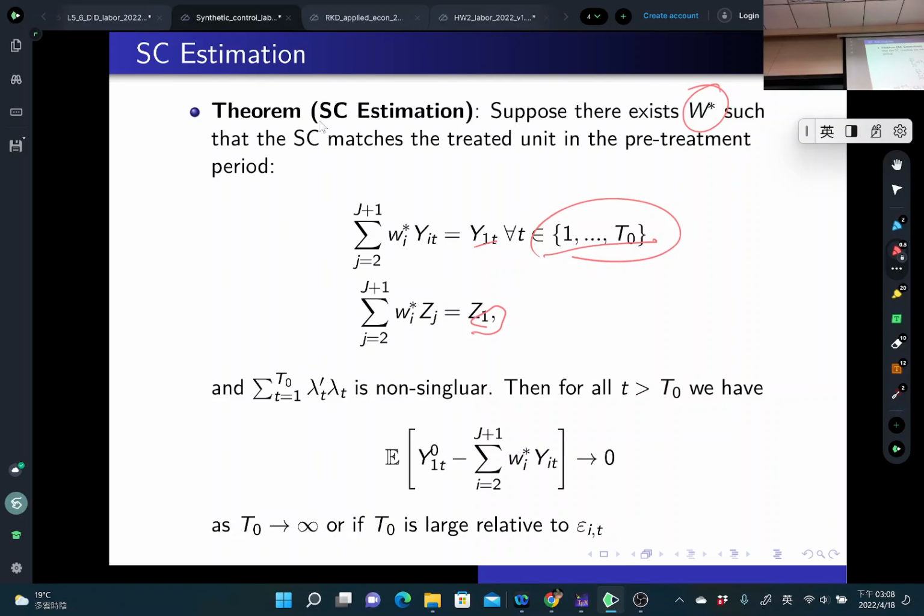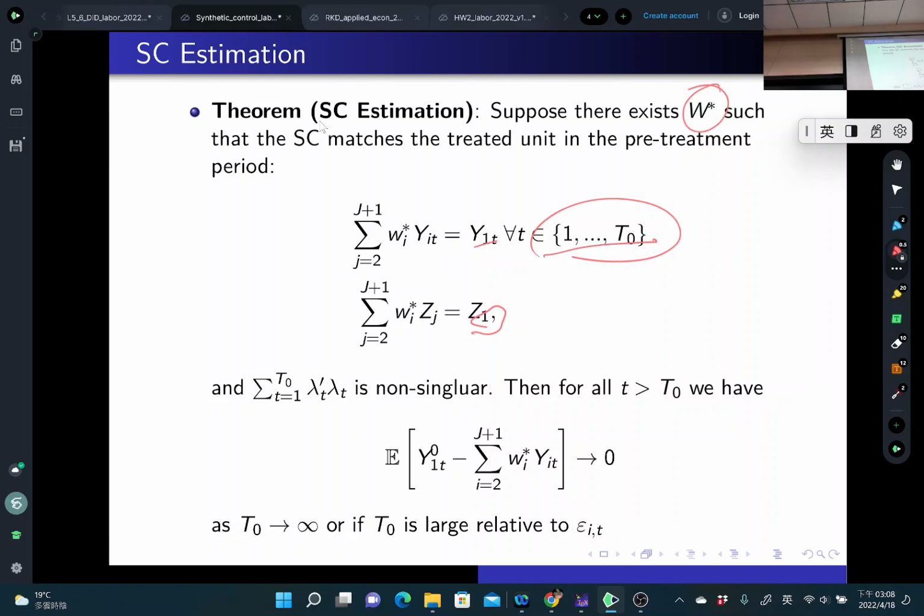That is, what if California does not implement the policy? What's the outcome with that? We can use other states' weighted average outcome to replace Y0 because they are very close. And this needs this condition, and also another condition: as T0 goes to infinity. That means the pre-treatment period needs to be very long.